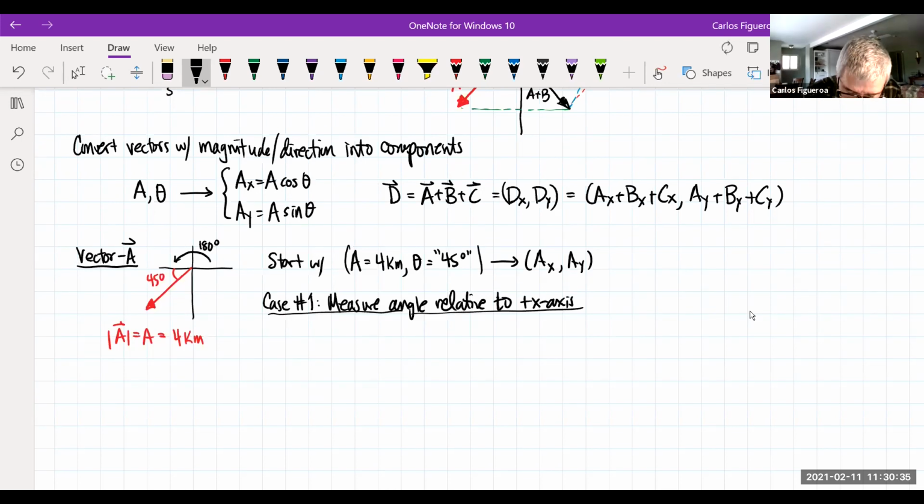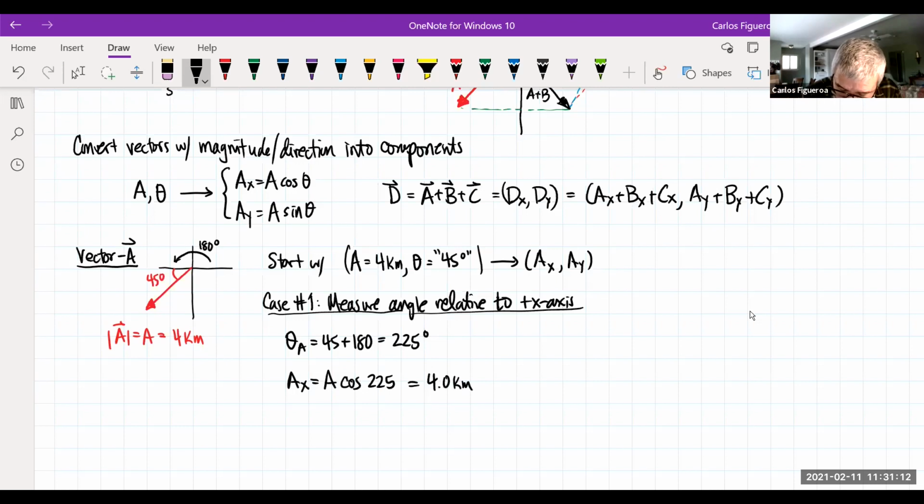So the angle of A should be 45 plus 180, which gives you 225 degrees. So let's calculate AX. That's A cosine of 225. Why am I writing cosine? Because I'm measuring it relative to the x-axis. And when I plug this in, what am I going to get?